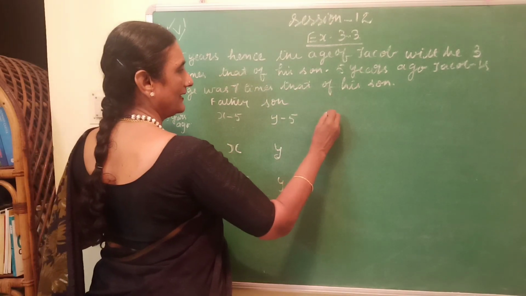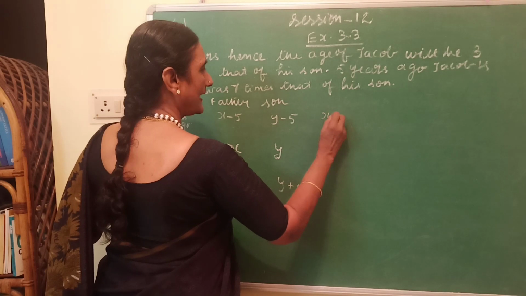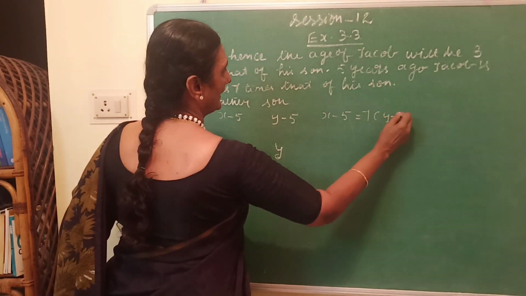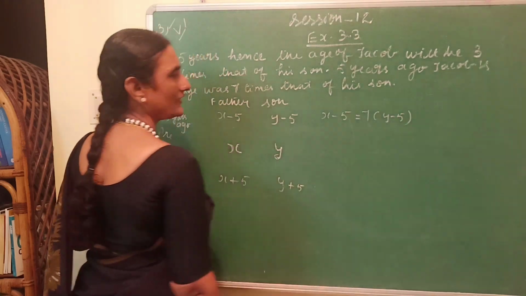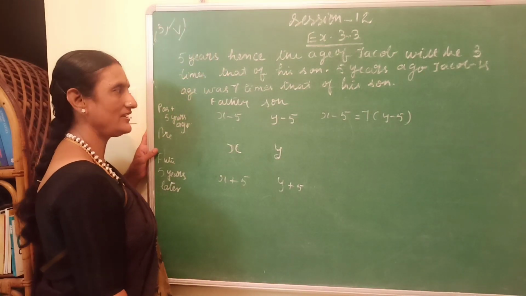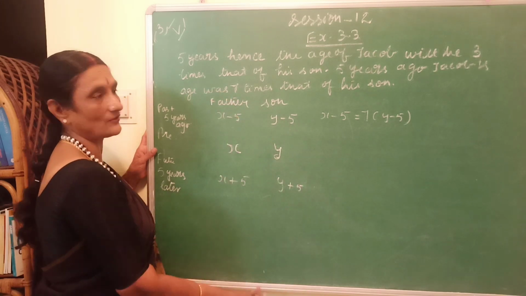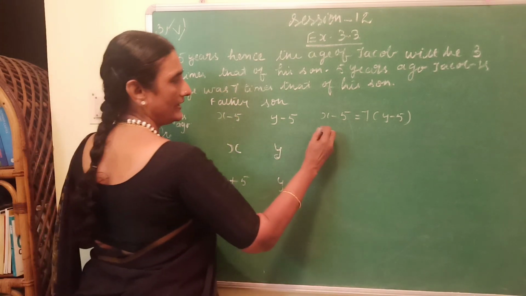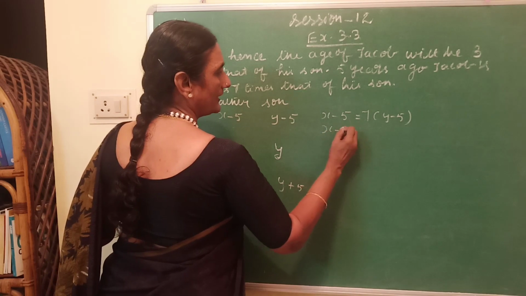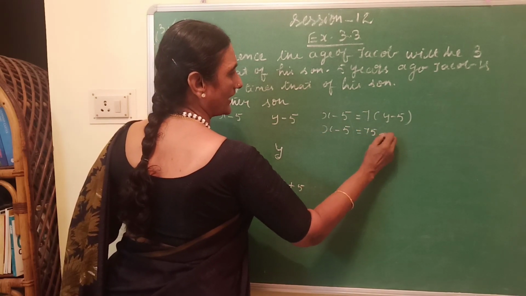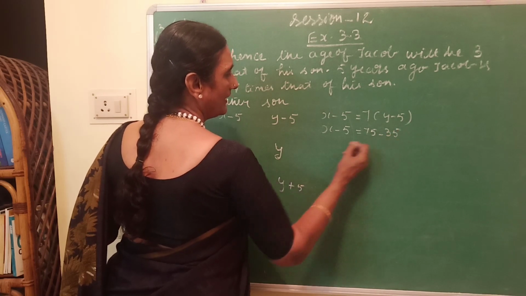That is, the equation is X minus 5 is equal to 7 into Y minus 5. Are you understanding? 5 years ago, father was 7 times that of his son. Therefore, if you simplify, you will get X minus 5 is equal to 7Y minus 35.